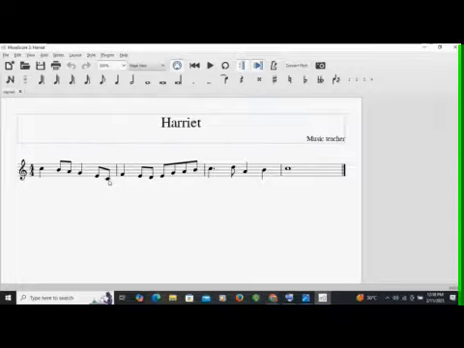Now this particular one is on a very small line below the first line. Any note you see on a small line immediately below the first line is known as C. So this C is equivalent to what? Do.